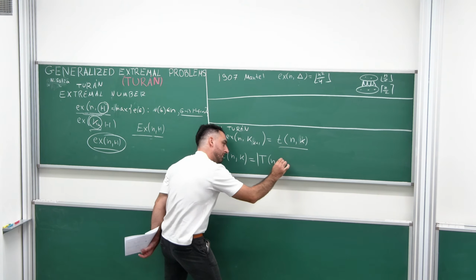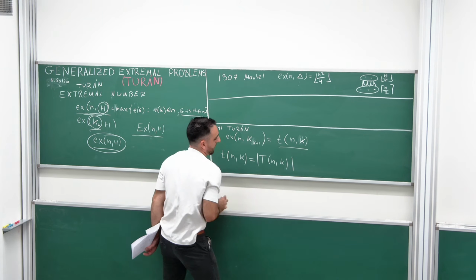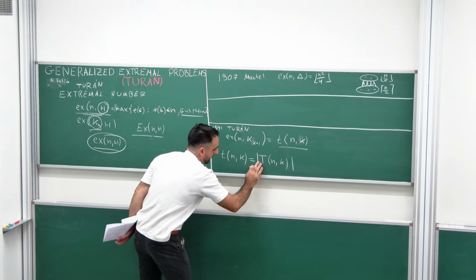This is a Turan graph. Size means the number of edges.